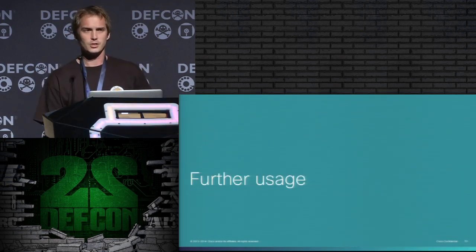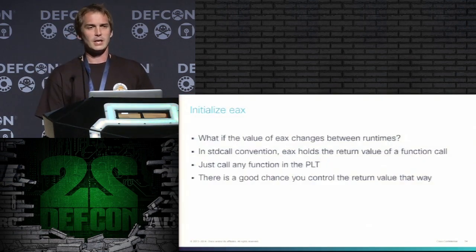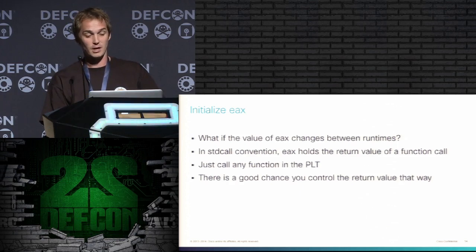So the further usage of this is, let's imagine that here we were looking at EAX. Here I'm still looking at the specific case of GCC 4.4.5, where I achieved control of EAX through this technique. But one thing I had is that sometimes the initial value you've got in EAX changes depending on your user input data.